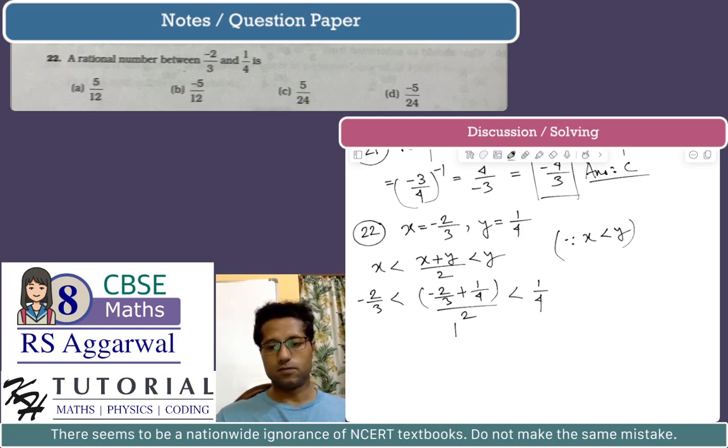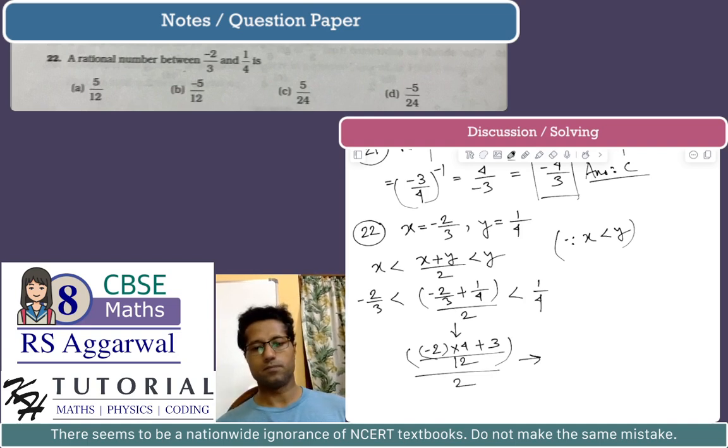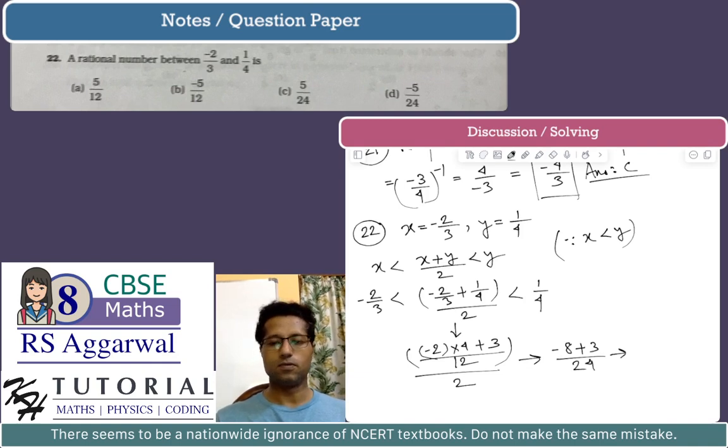If we simplify, it becomes (minus 2 into 4 plus 3) divided by 12, whole divided by 2. So this is equal to (minus 8 plus 3) divided by 24, and this is equal to minus 5 by 24.